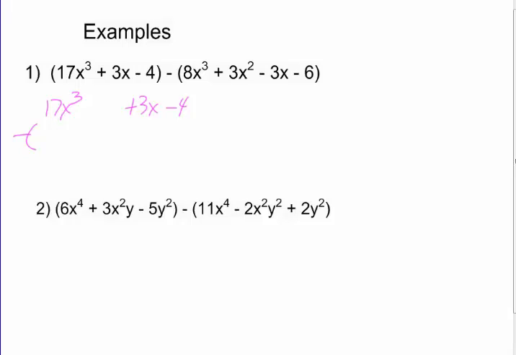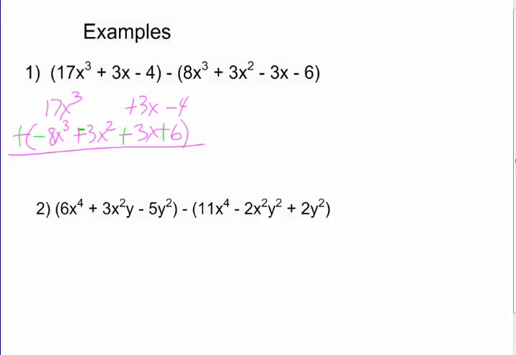Minus 8x to the third plus 3x squared minus 3x minus 6. So when you go through and change it, we're going to add the opposite. So this becomes a plus. Everything inside becomes the opposite of what you see. Okay, so add the opposite.